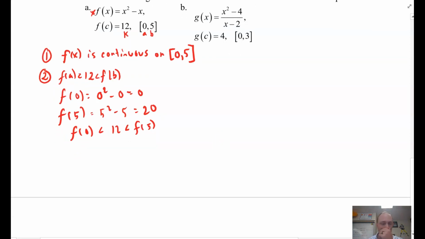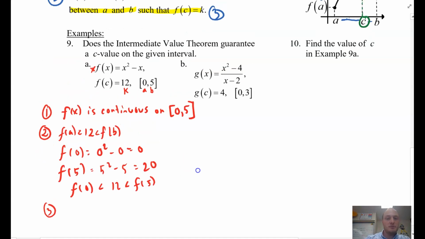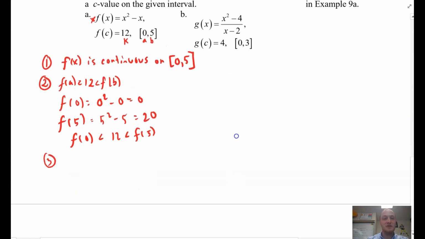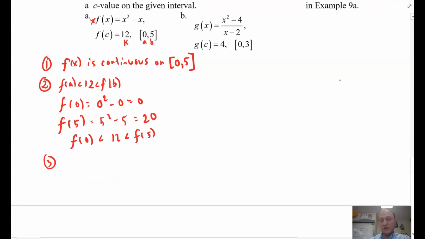So what is our conclusion? Since it's continuous on the interval and our k value is between f of a and f of b, the IVT does guarantee it. Let's make sure we always answer the question: does the IVT guarantee a c value on that given interval? Well, the answer is yes.